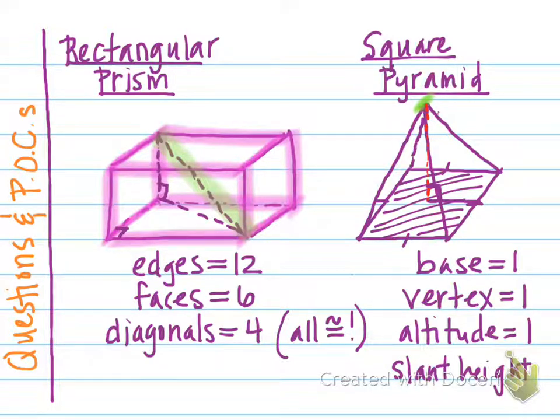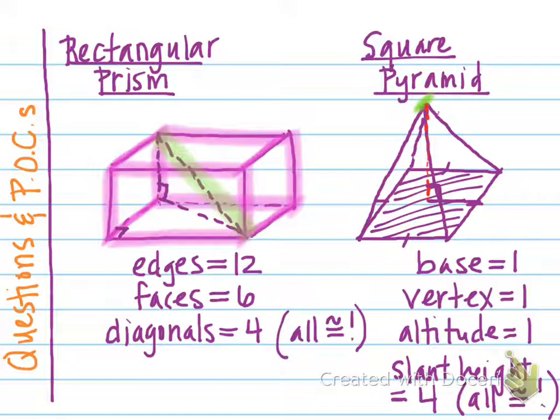There are actually 4 slant heights, and just like the diagonals of a rectangular prism, these are also all congruent. So this is something important to remember. So if you needed to find the slant height, you would just need to draw one of them on your picture. I'm going to go ahead and draw the slant height.